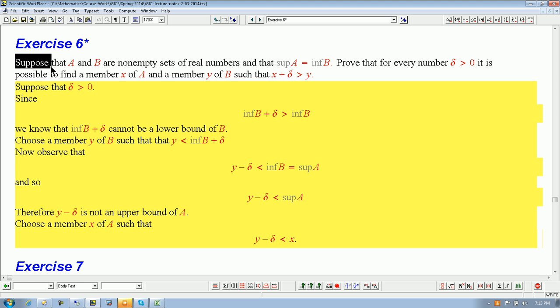You see the word suppose? If it said, prove that there exist sets A and B such that something, something, something, then you've got to give an example of a set A and a set B that do the job. But you can't give an example to prove a for every statement. You give an example to prove existence. To prove for every, say, suppose the problem started with a suppose statement.